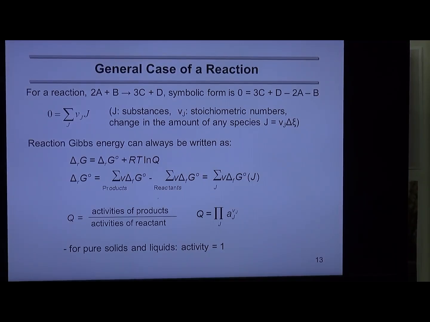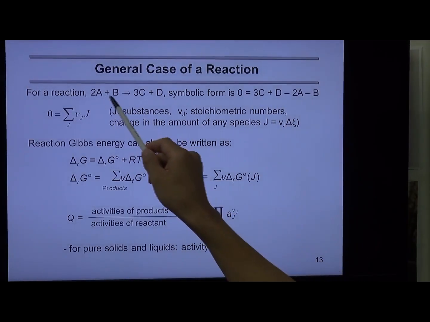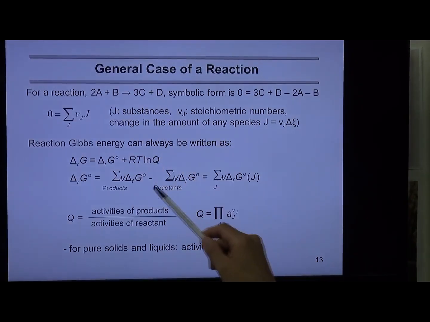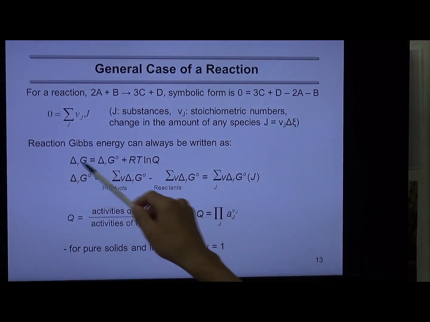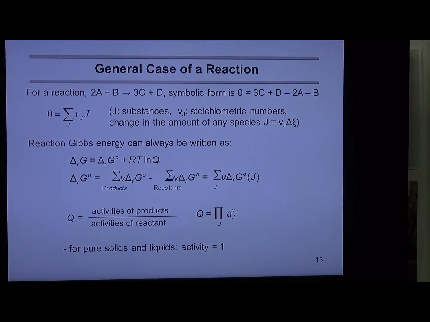Molar Gibbs energy basically represents the formation Gibbs energy. So if you have the formation Gibbs energy of reactants and products, then by multiplying by the stoichiometric coefficients, like 2, 1, 3, 1, you can determine the standard reaction Gibbs energy, right?